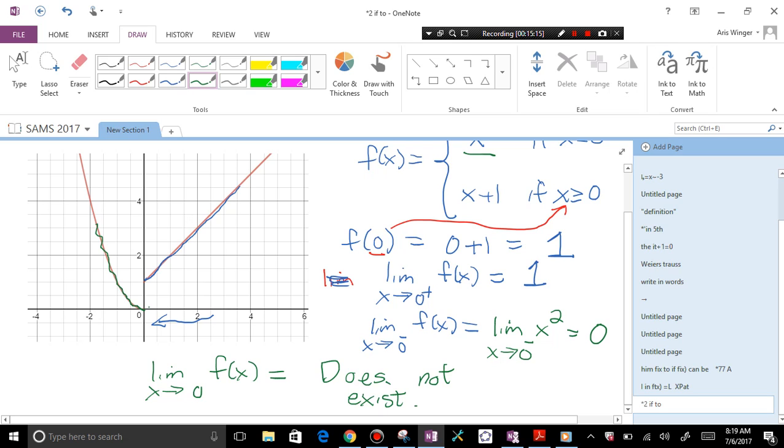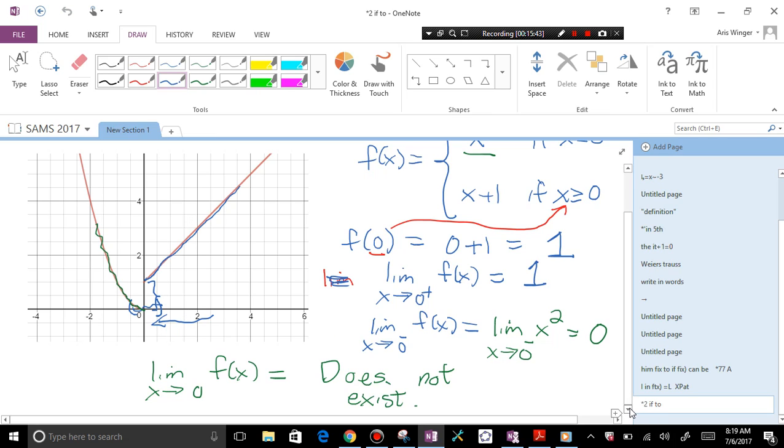And then he says, oh, right. So if there were one number that this was getting closer and closer to, then that means that if you were to take any interval around 0, then all the numbers in this interval should be giving you y values that are close to one number, and clearly that is not the case. So the limit should be unique.